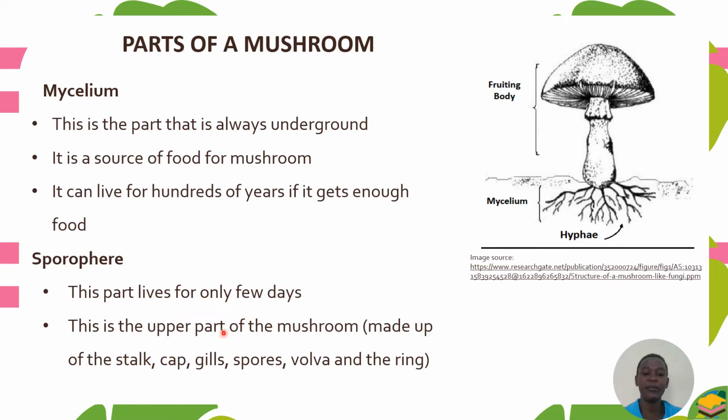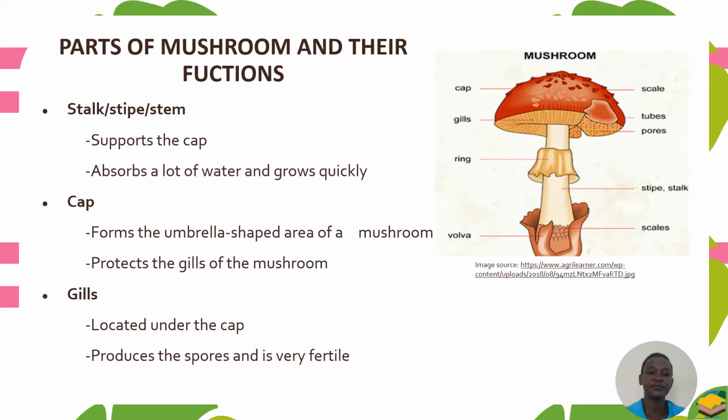The sporophyte is the upper part of the mushroom, and it is made up of the stalk, the cap, gills, spores, vulva, as well as the ring. So these parts are the ones which make up the sporophyte.